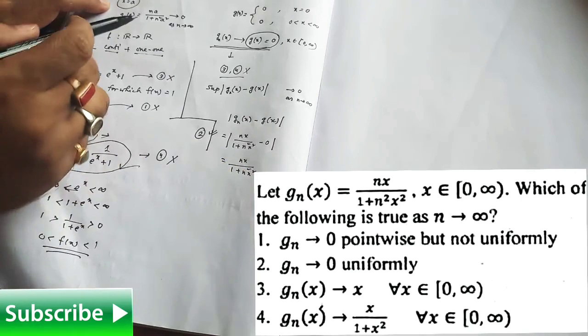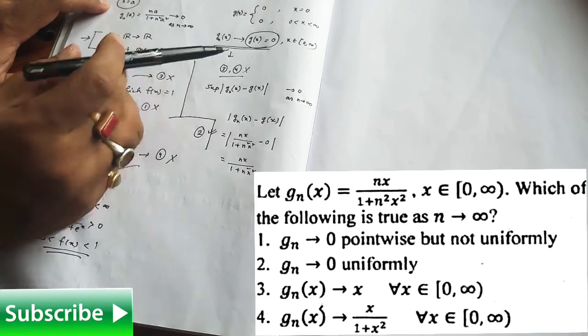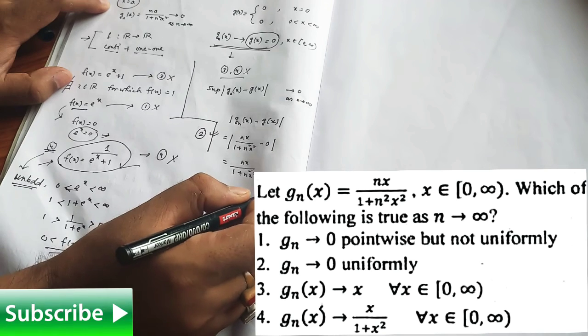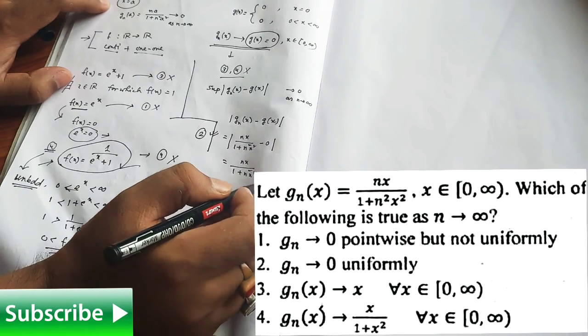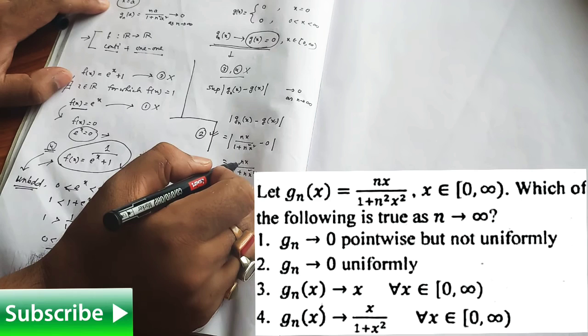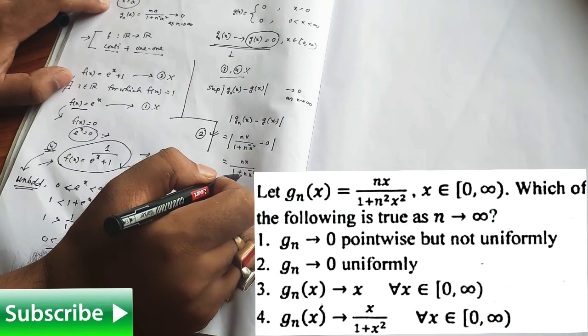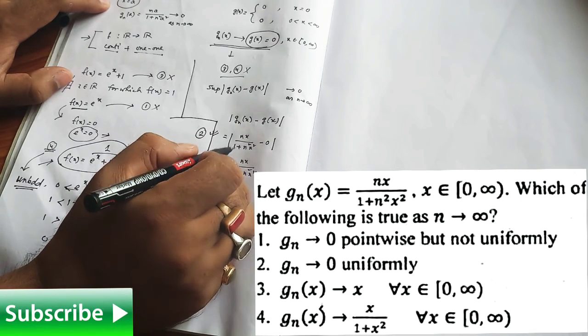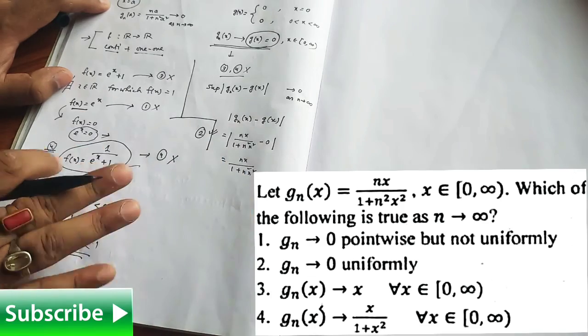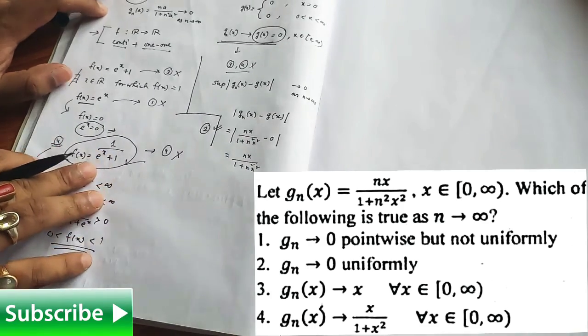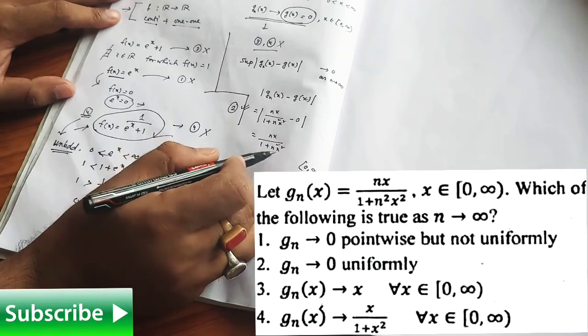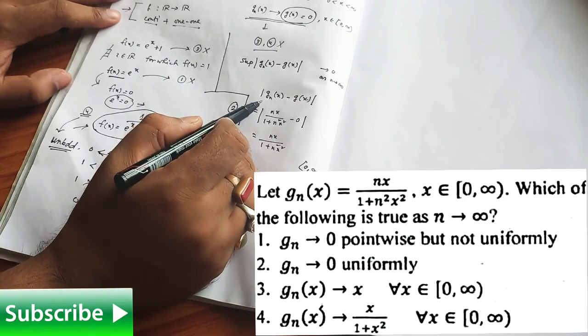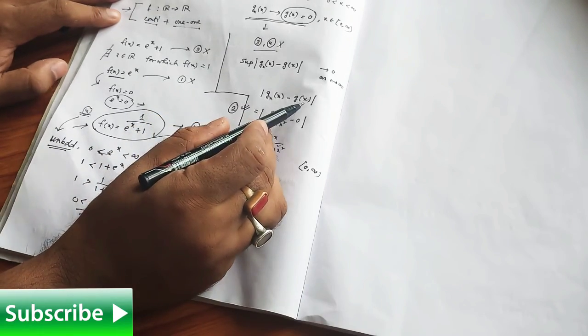Look at, x lies between 0 to infinity in this range, so obviously x is positive and n is also a positive quantity, so there is no point in giving modulus here. Now you have this quantity as mod of g_n(x) minus g(x).